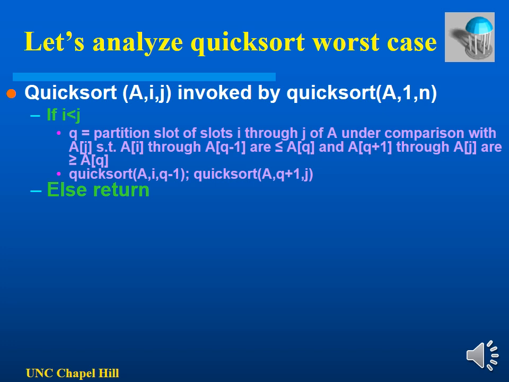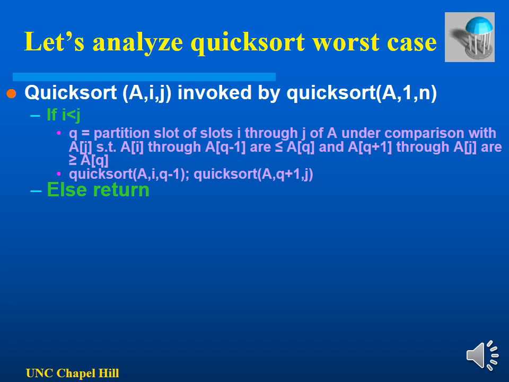But it makes recursive calls for files with different indices. And in general, we will be calling quicksort on a file from the ith through the jth indices, where j is greater than or equal to i. Of course, initially, i equals 1 and j equals n, but in later calls, i and j may be different from 1 and n respectively.